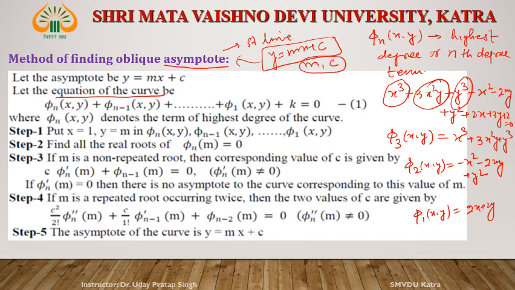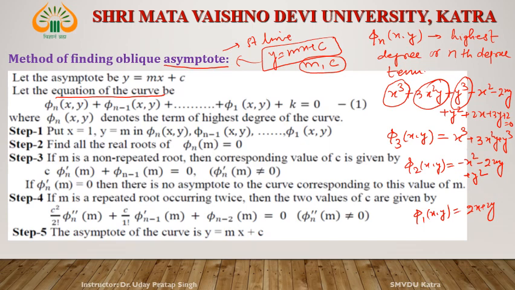Then in the equation, phi n represents the highest degree or nth degree term, phi n minus 1 of x,y represents the n minus 1th degree term, and phi 1 of x,y represents the first degree term. And what is k? K is a constant, right?